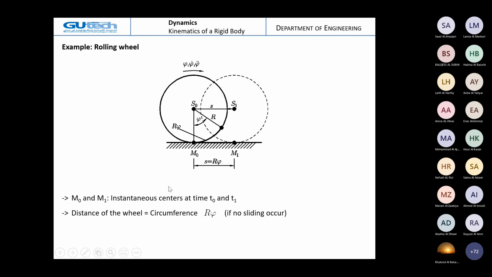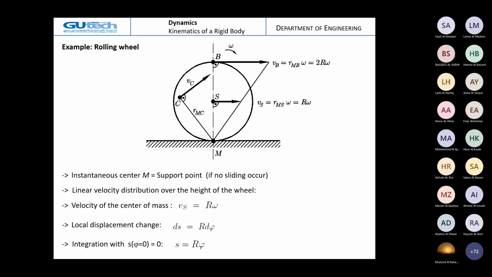Now if we want to calculate the velocity of any point on the wheel, for example the point C, we want to know what is its velocity. We only have to draw the line from the instantaneous center M to the point C.